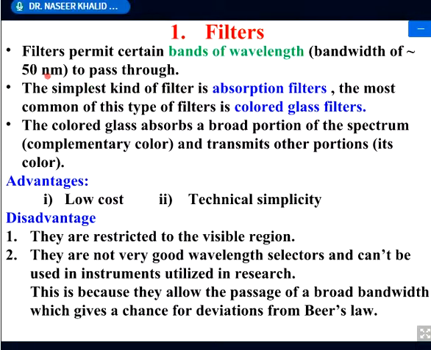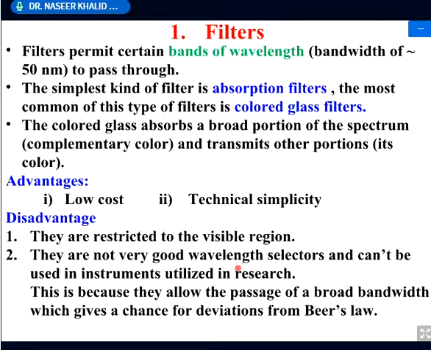We are having a bandwidth of about 50 nanometer, so they are not good wavelength selectors for research. The reliability of the research will be affected by using this filter as a monochromator.